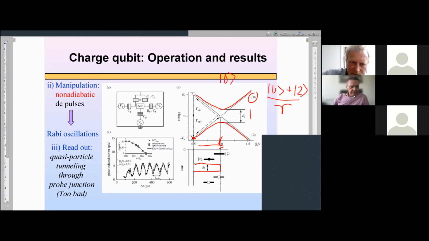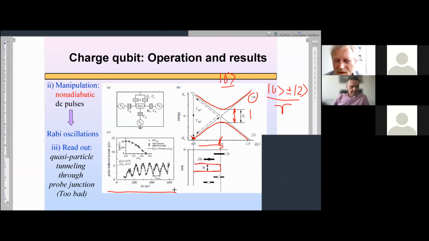That's what has been observed in the current through the probe as a function of pulse duration. These oscillations were the first signature of an operational qubit. Charge qubit.